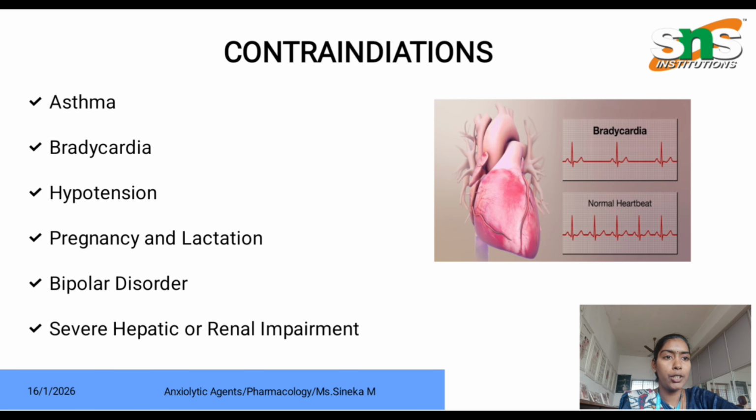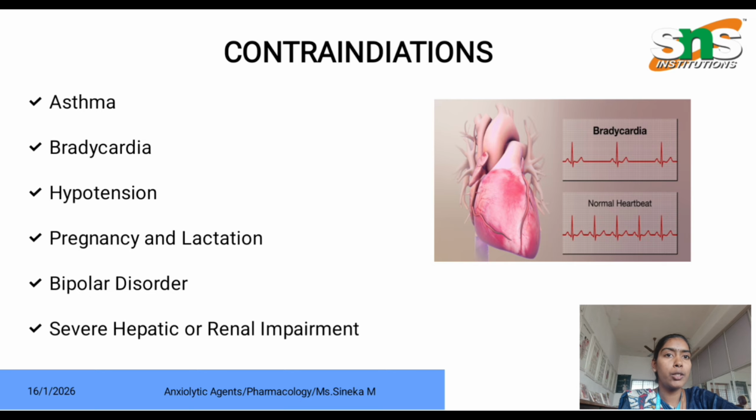Next one is hypotension. The inactivity and calmness of the brain reduce the signals throughout the body. So less brain alertness leads to vasodilation, which leads to low blood pressure. For pregnancy and lactation patients, we should not give anti-anxiety drugs because they will affect the fetus.